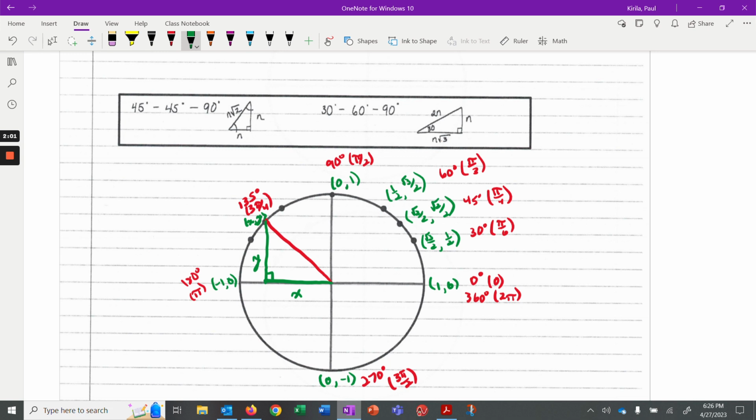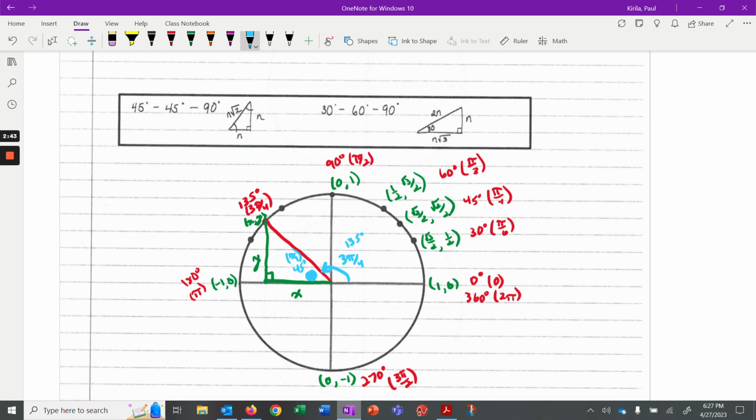I notice that my 3 pi over 4 is actually outside of that angle. What I need is this angle. In quadrant 2, this angle that I need and the angle I'm looking for are supplementary. So this is 180 degrees minus 135 degrees, or 45 degrees, or pi minus 3 pi over 4, which is pi over 4.